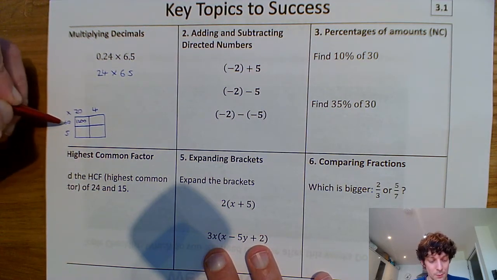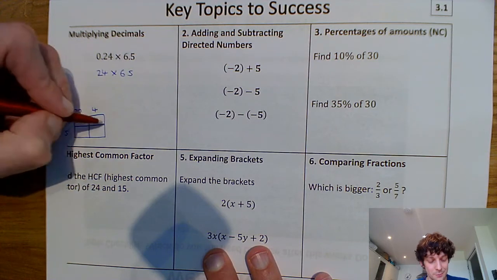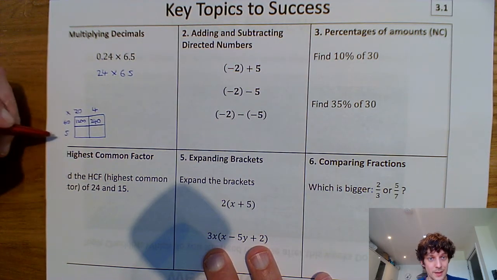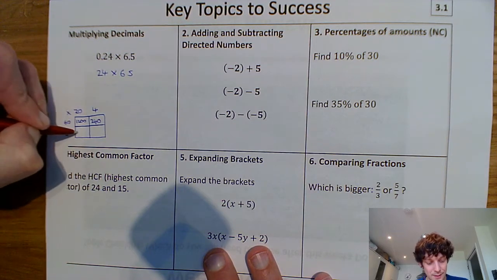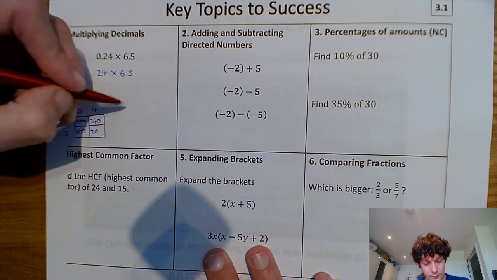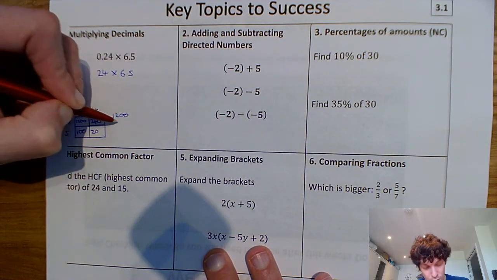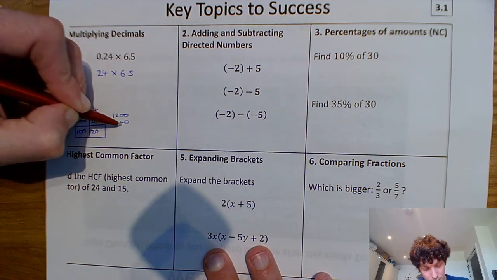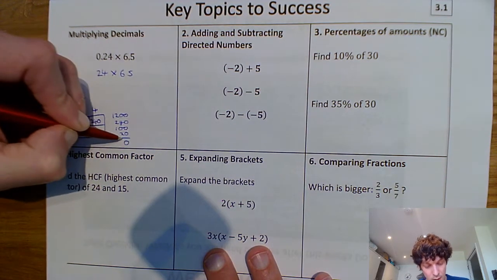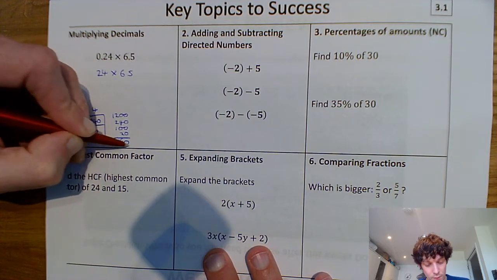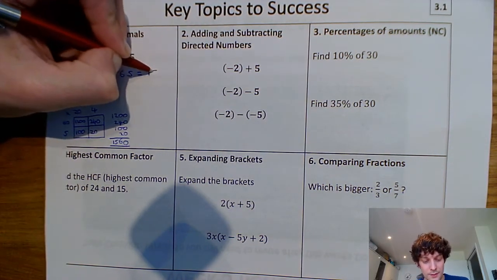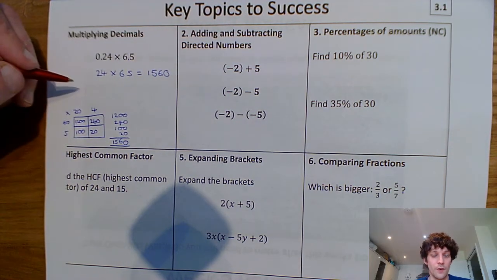Okay, 4 times 6 would be 24, so 4 times 60 is 240. 5 times 2 would be 10, so 5 times 20 is 100, and 5 times 4 is 20. Okay, I need to add those together, so 1,200, 240, 100, 20, and altogether that gives me 1,560.